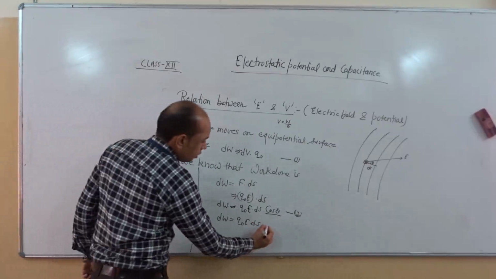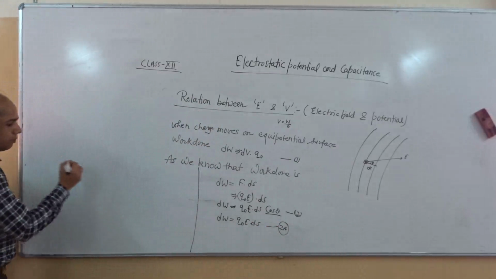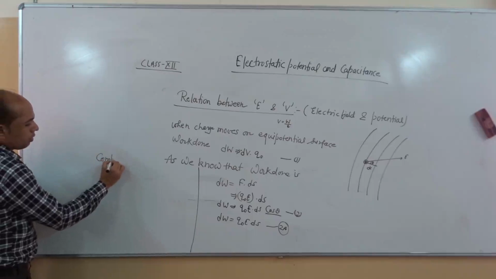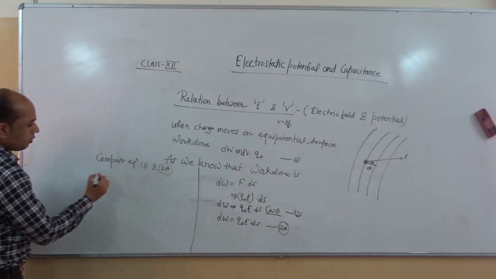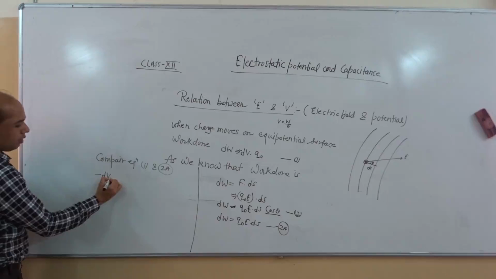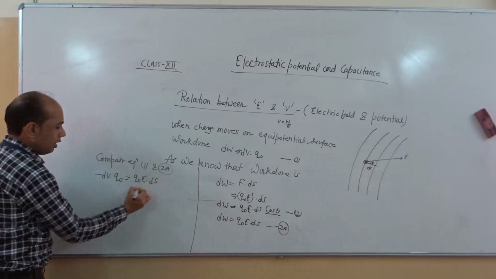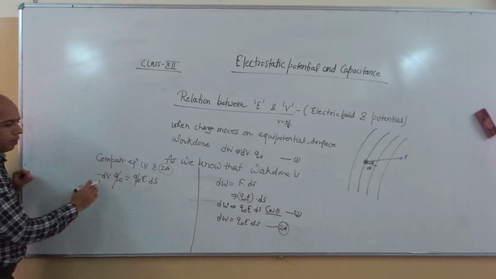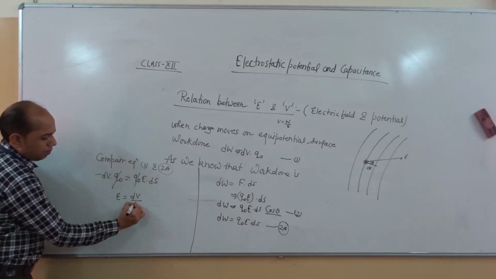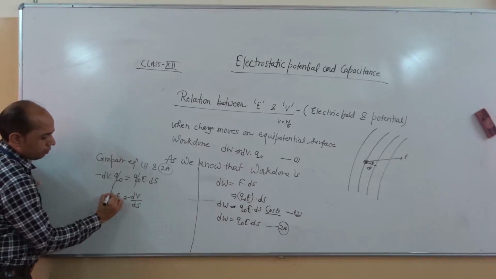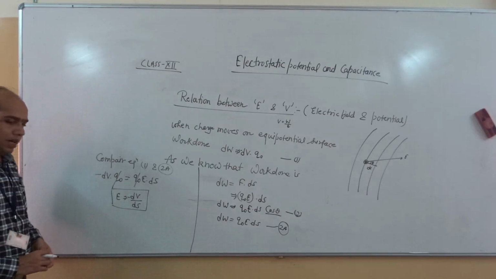Okay, equation second A. Now I compare equation first and second A. So minus dV with Q naught is equal to Q naught E with ds. Now Q naught cancels out, and E is equal to minus dV upon ds. So this is the relation between electric field and potential, dV by ds.